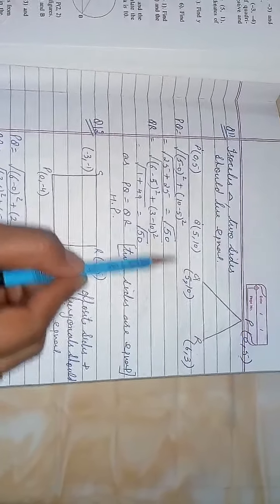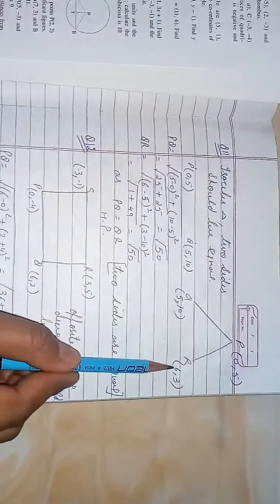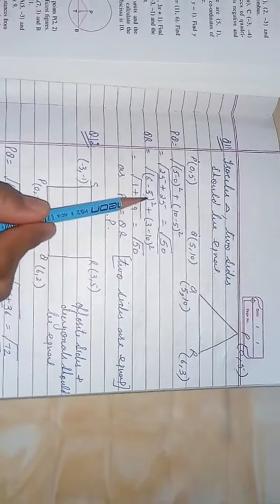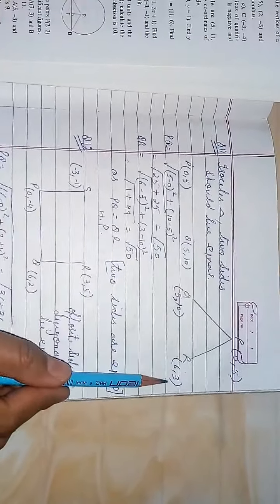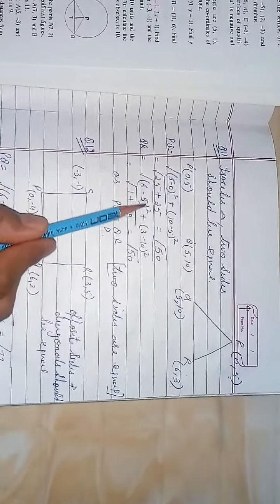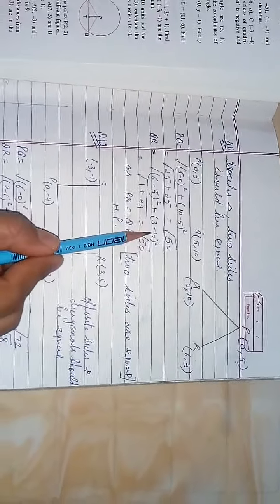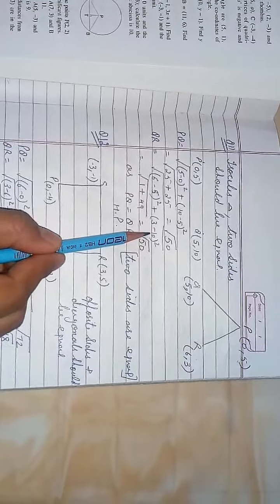Now let us find the other side, that is QR. QR is root of (6 minus 5) whole square plus (3 minus 10) whole square. 6 minus 5 is 1, 1 square is 1 only, plus 3 minus 10 is minus 7.